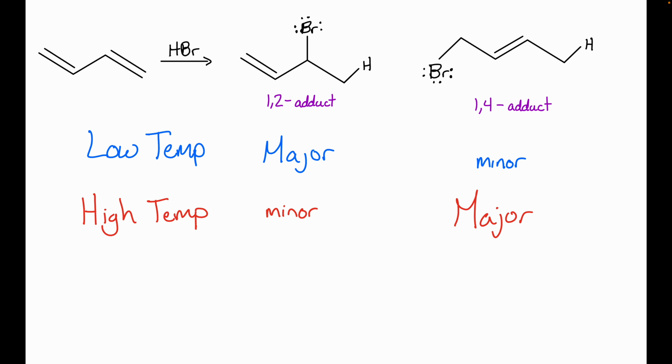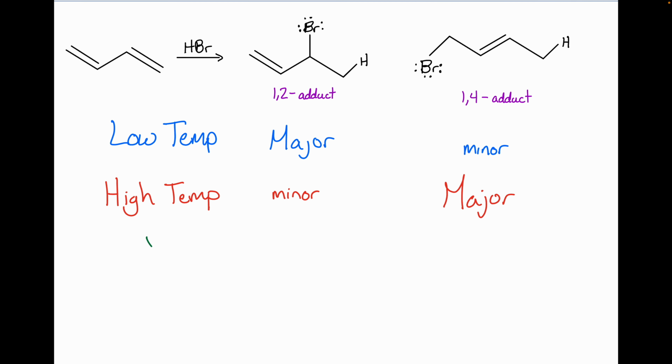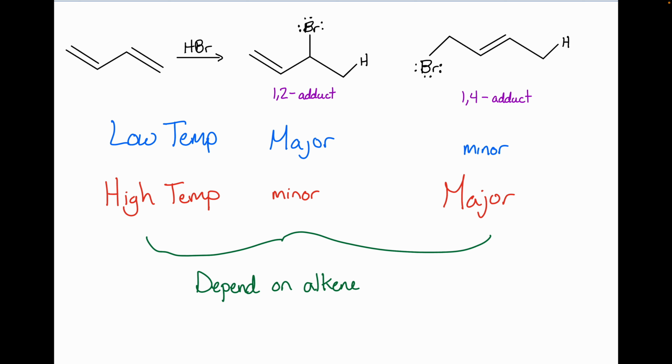All right, we're going to make a note here before we move on that this is going to depend on your diene substrate. So this particular distribution is true for the 1,3-butadiene that I'm illustrating here.